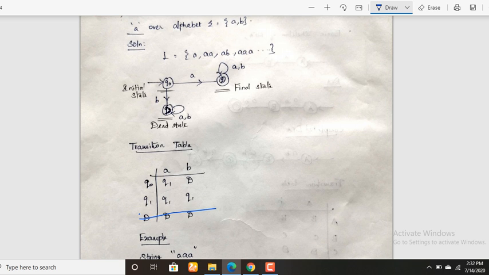On receiving input B, Q0 goes to the dead state. Q1 is our final state. On receiving A, Q1 goes to Q1 itself. On receiving B, Q1 also goes to Q1 itself. So this is the transition table.